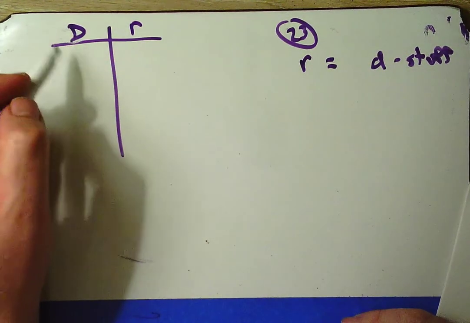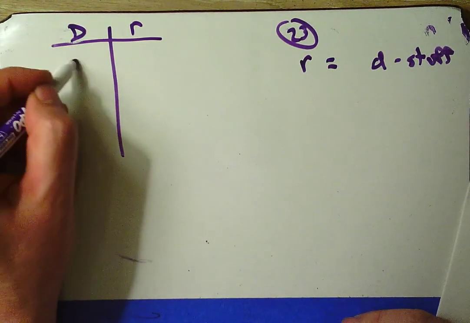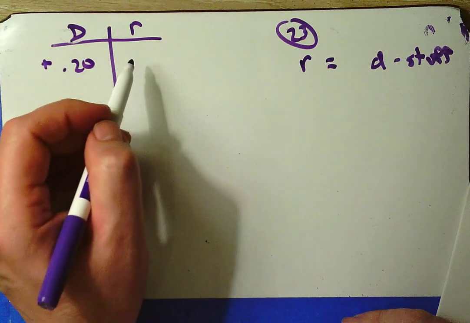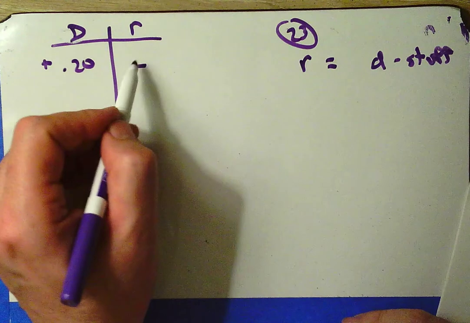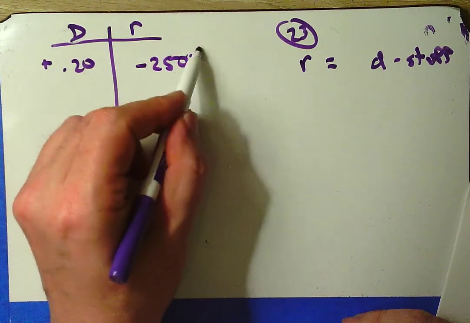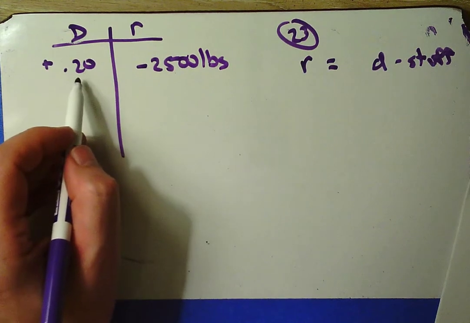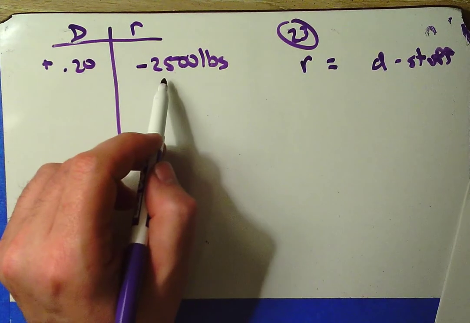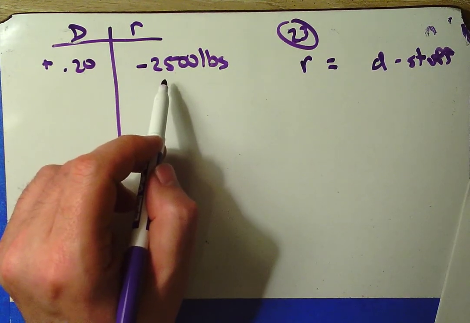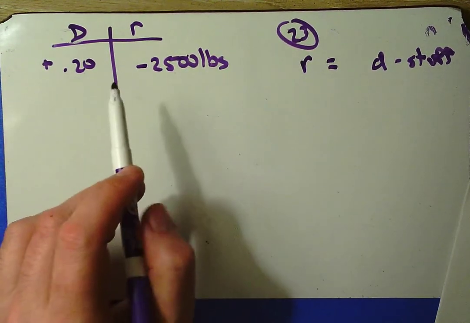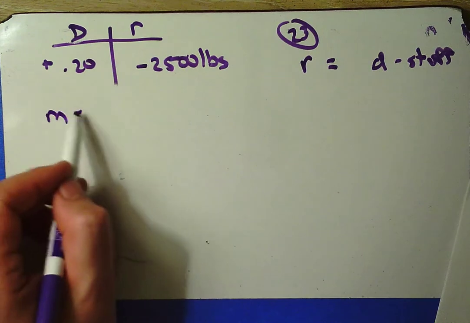I notice that the numbers in this column are going up by 20 cents. And I notice the numbers in this column are going down by 2,500 pounds. What this tells me is every time I raise the price by 20 cents, I'm going to sell 2,500 fewer pounds of rice. Yikes. But what I also can do here is find a slope.